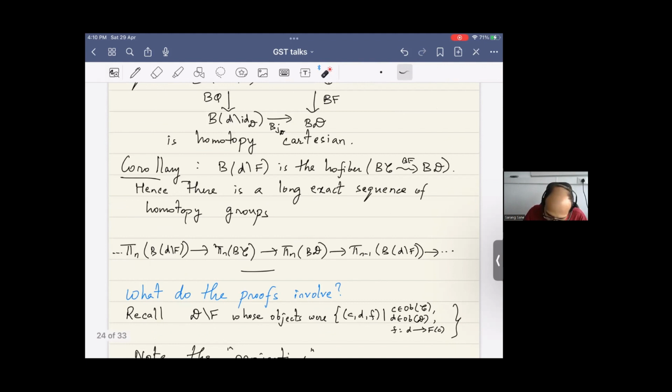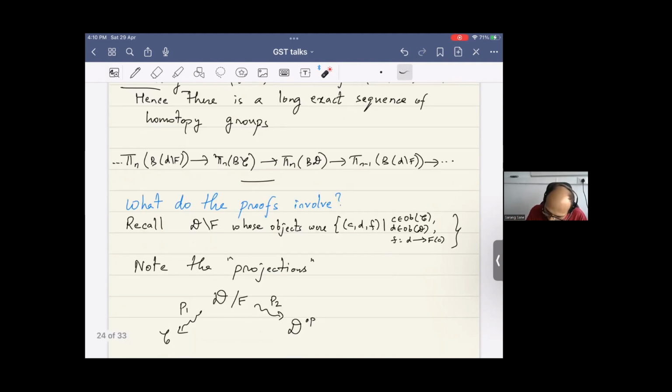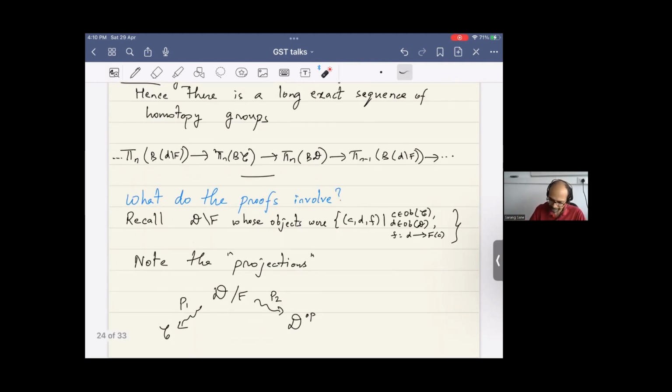I can say only a few brief words. These proofs are highly technical and quite long. So what do the proofs involve? I can just give some very vague ideas. First of all, remember there was this other comma category, wherein instead of the object little d, you had the entire category script d.